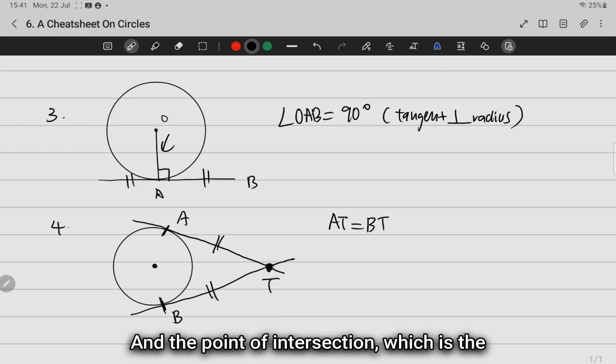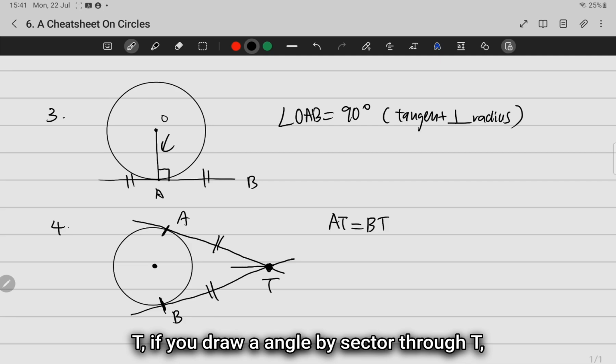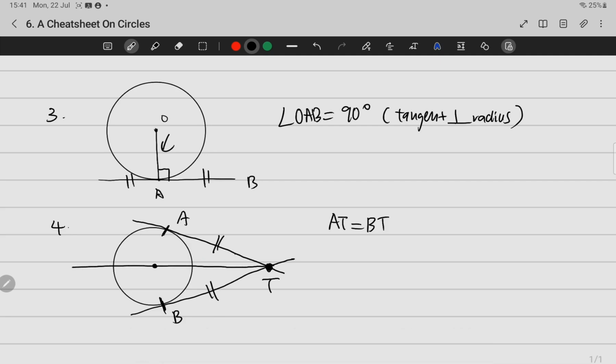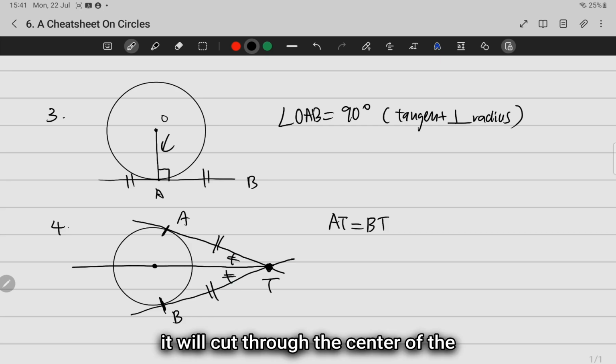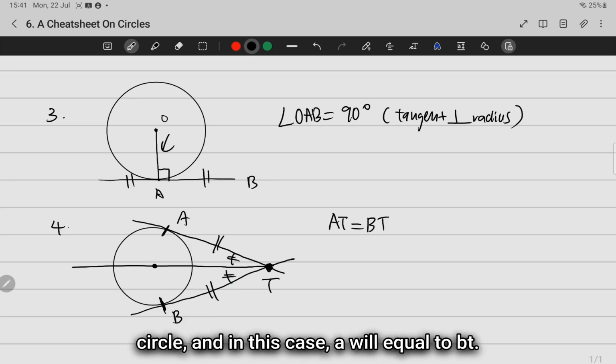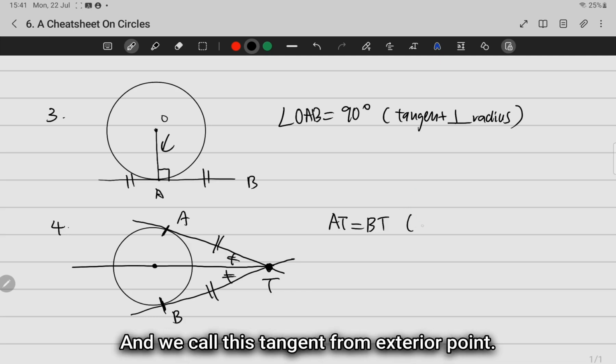And if you draw an angle bisector through T, it will cut through the center of the circle. And in this case, AT will equal BT, and we call this tangent from exterior point.